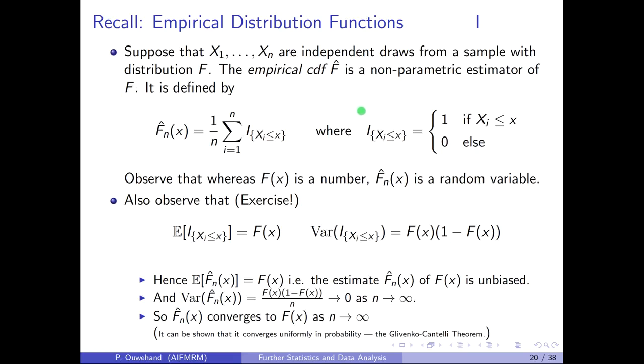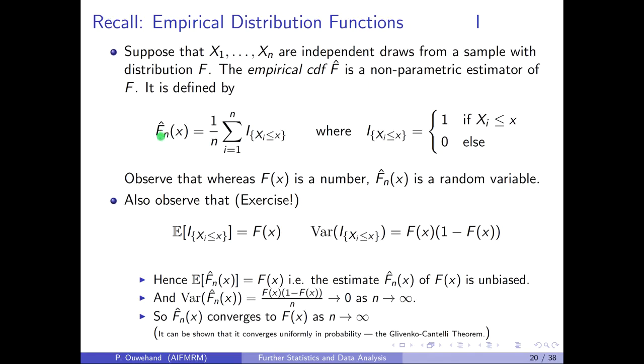Here we define the indicator of the random variable Xi less than or equal to x, and this is switched on to 1 if the ith sample point is less than x and 0 otherwise. So this is a discrete random variable which takes two values. The ECDF is denoted as follows: F hat n.